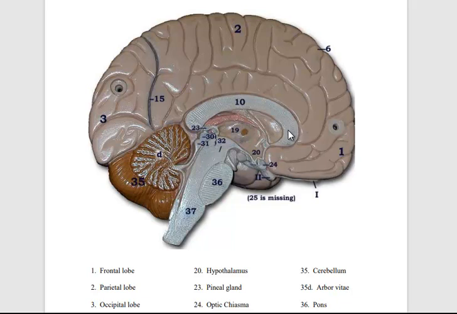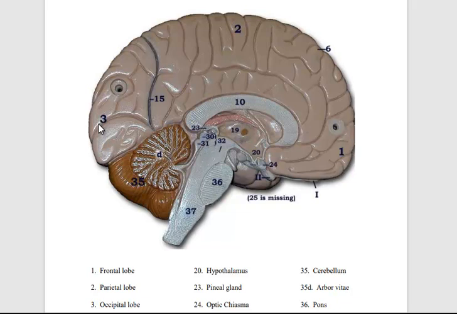Now, looking here on the inside, we have the same stuff that we had on the other one. Here's your frontal lobe, here's your parietal lobe up here, and back here's your occipital lobe. So there's a lot of repetition in this, which makes it a little bit easier on us.